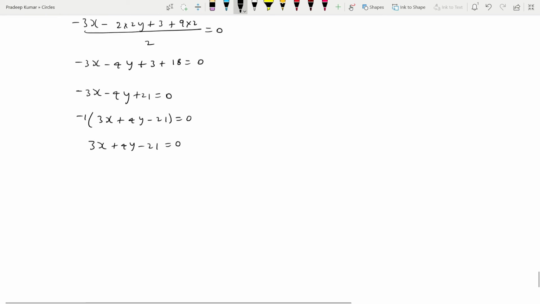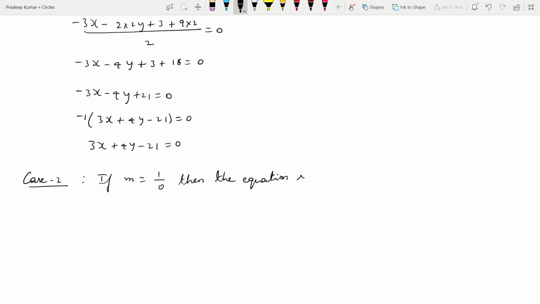We'll find out for case 2 also. So I can write case 2. Okay, so in case 2 the m value is 1 by 0, which is undefined. Then the equation is, so equation 1 is what we have solved with.